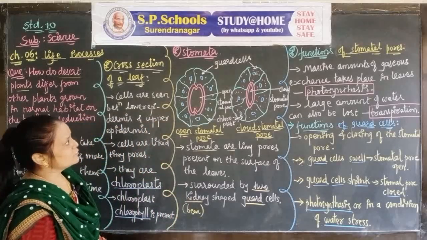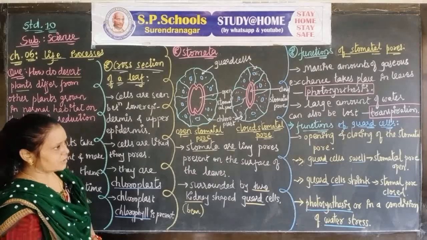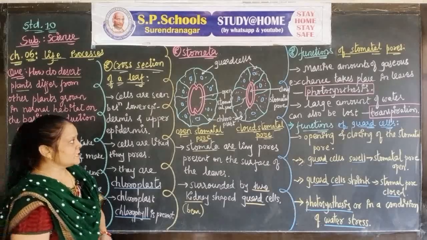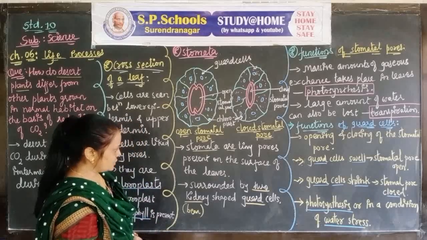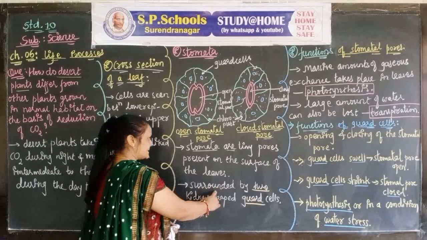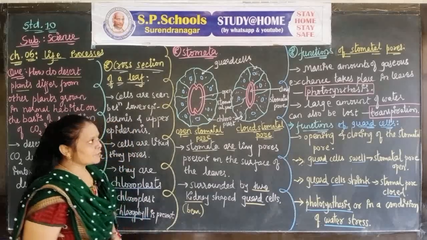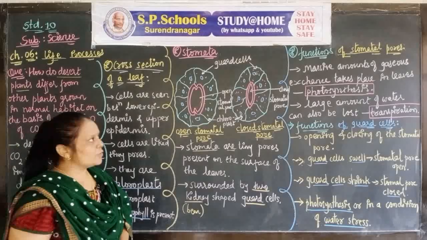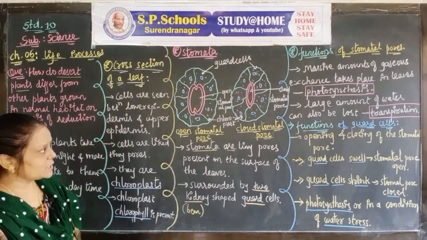Here is the full-marks answer for the question: write a short note about stomatal pores, or write the structure of the stomatal pore with a diagram. First we give the diagram, then information about stomata, guard cells, and the function of stomatal pores. Two functions of stomatal pores: they can be helpful in photosynthesis and transpiration.